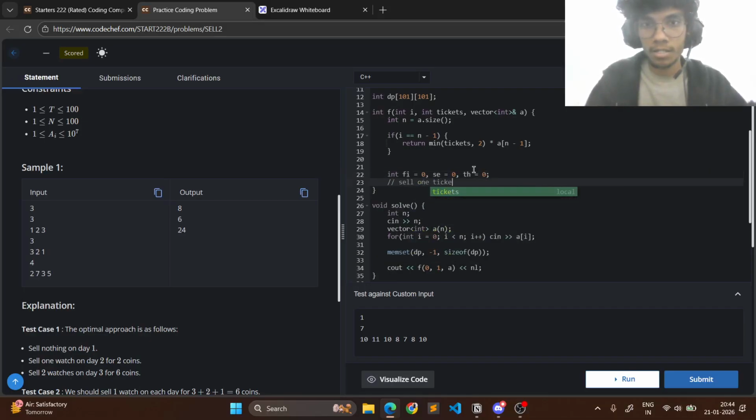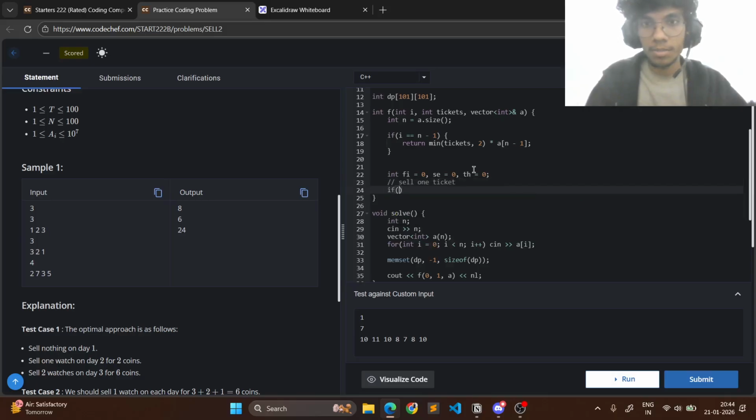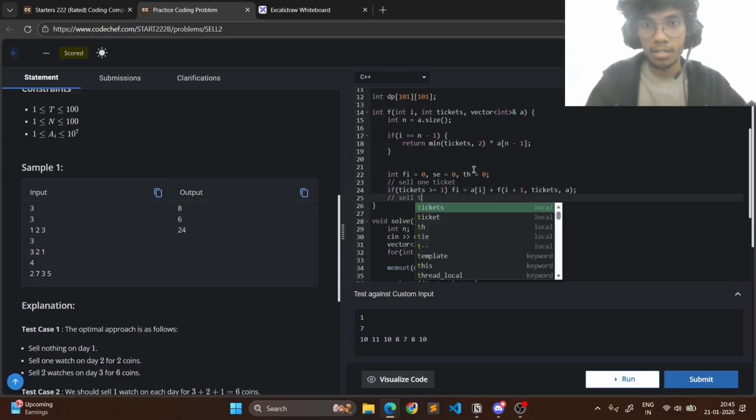Sell 1 ticket: if tickets is greater than or equal to 1, then fi equals a of i plus f of i plus 1, tickets plus 1. Actually I have sold one, so if I had a 3 over here and I sold one, this remains 3, and then I could add a of i. Then sell 2 tickets.